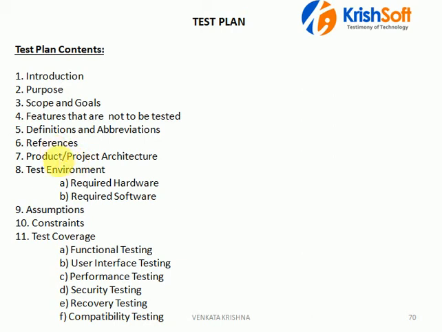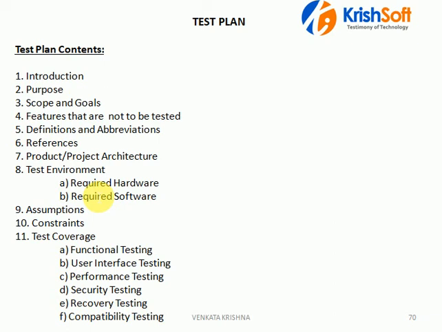Next, product architecture. The project manager will prepare the architecture, the test lead or manager will get it from the project manager, and he will put it into this document to make everybody understand what the architecture of our project is. Next, test environment. What are the different hardware and software required for our project? All these details we put there.